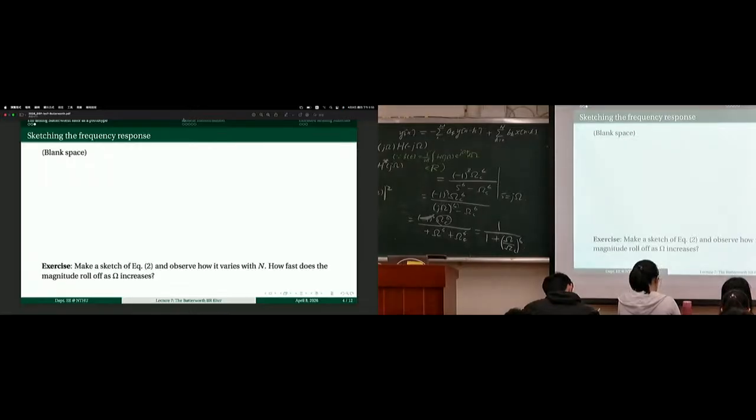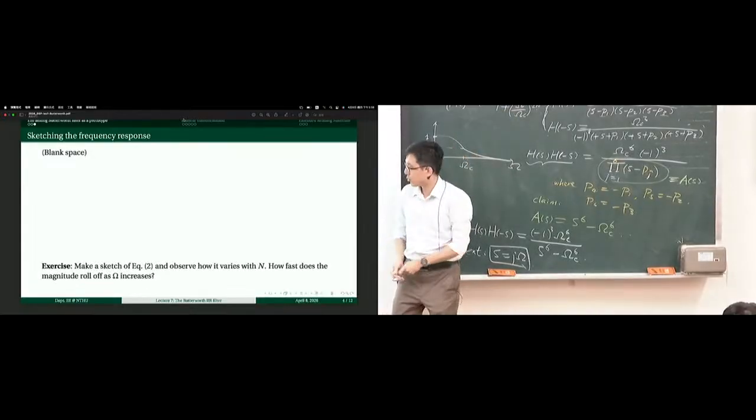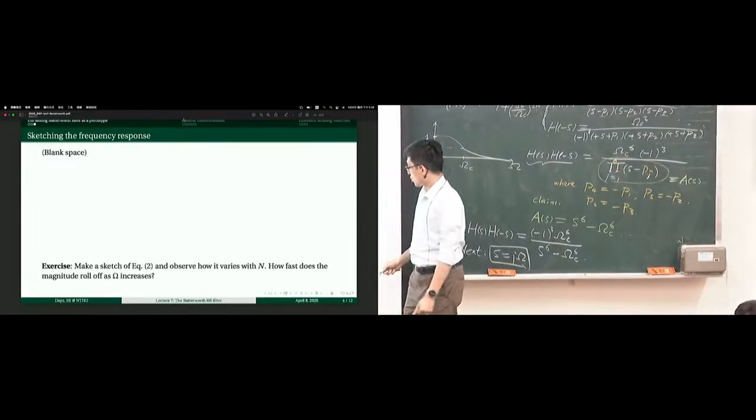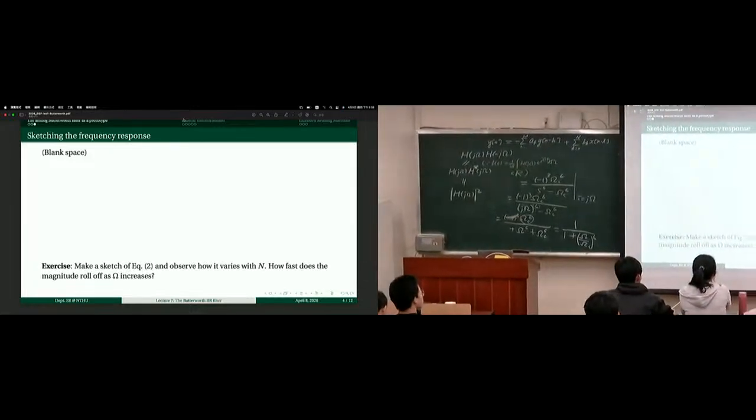When we increase n, the decay is faster. First of all, when we increase n, that means when omega increases, this decay, this roll off. How fast does the magnitude roll off?